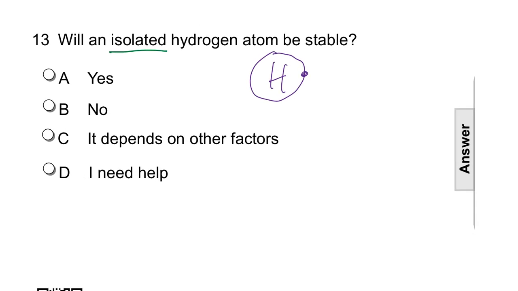Will an isolated hydrogen atom be stable? So I'm going to say isolated, he hasn't reacted yet. I don't really like that way they use that word. So I'm going to say, will an unreacted hydrogen atom be stable? No, because it wants another electron in its outermost shell in order to be stable. So no.